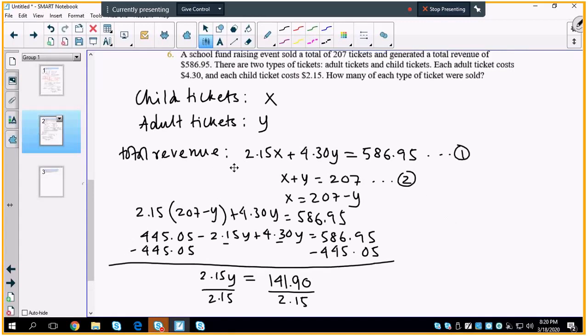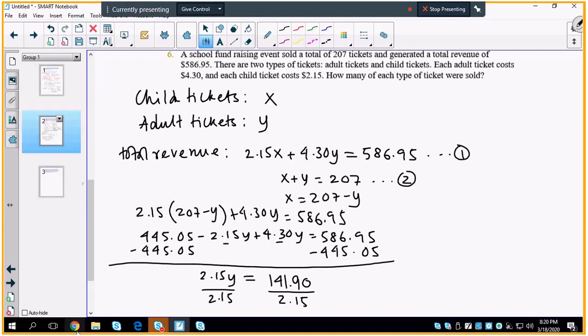So child ticket should be 2.15 times x plus 4.30 times y is 586.95. Then I have x plus y is 207, so x is 207 minus y. 2.15 times 207.